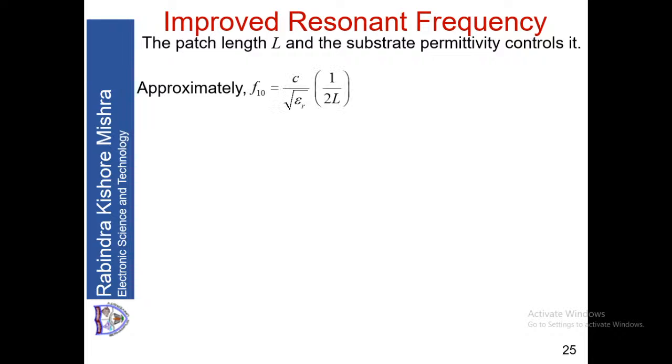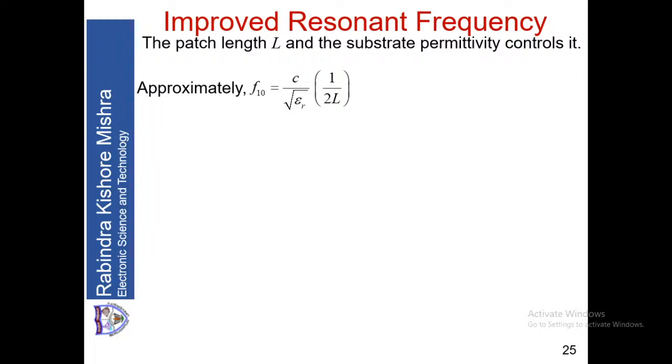We have seen this f10, which is the 10 mode, the dominant mode. In the 10 mode, f10 is equal to c upon root over epsilon r into 1 upon 2L. This we saw in the last class. Now L is the physical length.